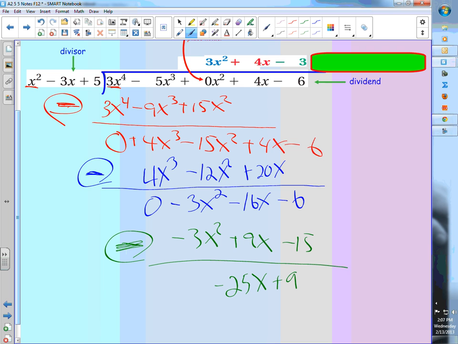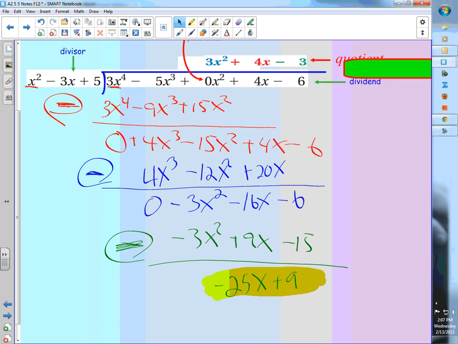Now, because x squared will not divide evenly into 25x, you're done dividing. And that means that this right here is what? The remainder. What's this called over here? Divisor. What's this? Quotient. That's your quotient. Okay? So your quotient is 3x squared plus 4x minus 3. Your remainder is negative 25x plus 9.